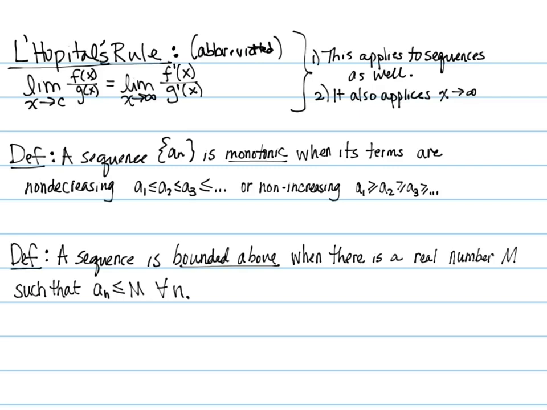I kind of hope you're picturing something that looks like an asymptote. That's the image. A horizontal asymptote, right? It bounds it. That's what we were picturing here. We call m an upper bound. So m is an upper bound of a sub n.